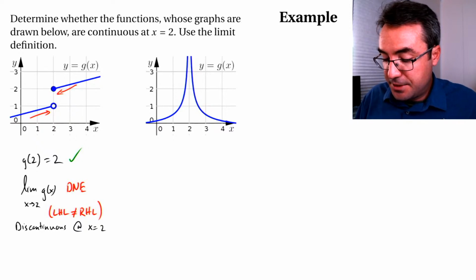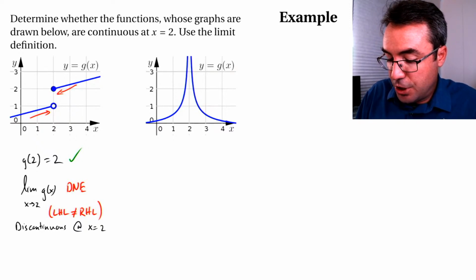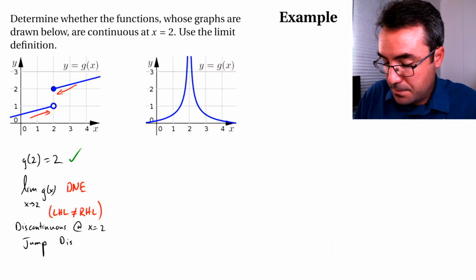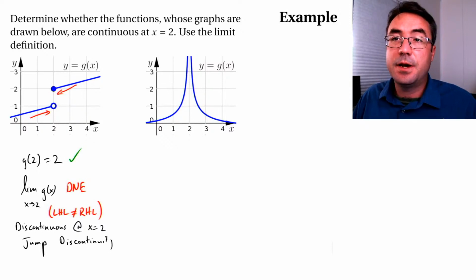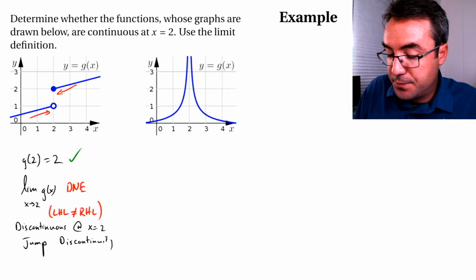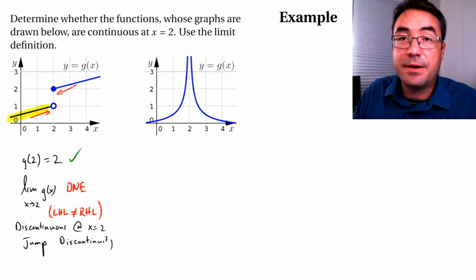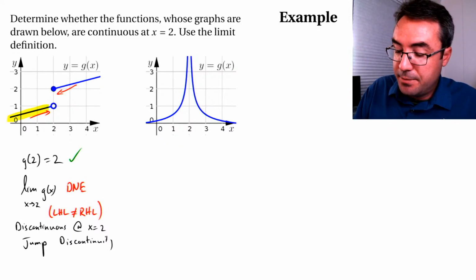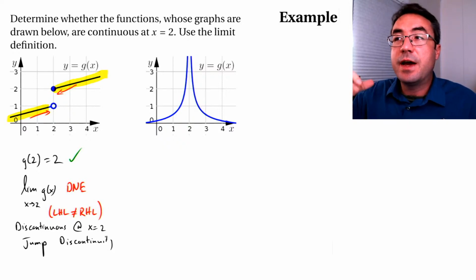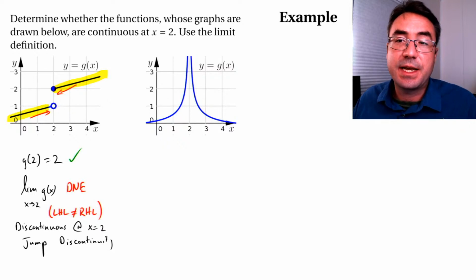And in this case, we classify this, we call it a jump discontinuity. And that's because the graph, imagine tracing over it, it jumps up. So we start, and then we have to take our pen off the page, put it back down, and keep going, and we've actually jumped vertically there. So we call it a jump discontinuity.